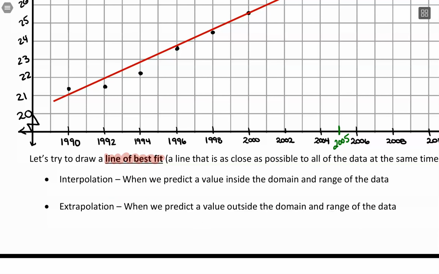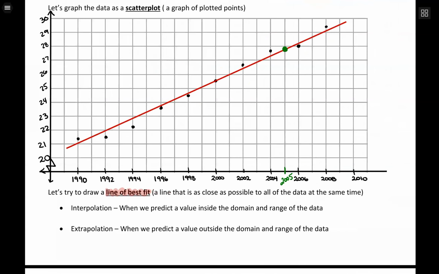So this would be called interpolation, where you're predicting within the domain of your graph, meaning we're between 1990 and 2008. So looking at 2005 and making this prediction of 27.8, that would be interpolation because we're estimating within our group. Extrapolation is where we make a prediction beyond our data.